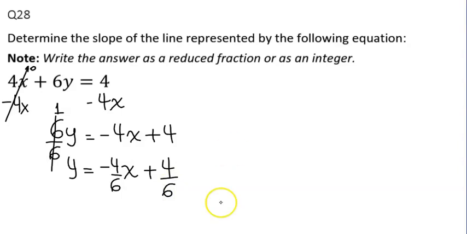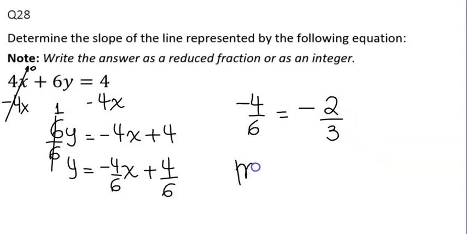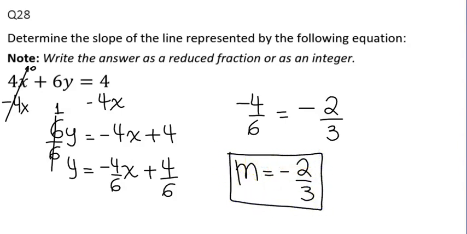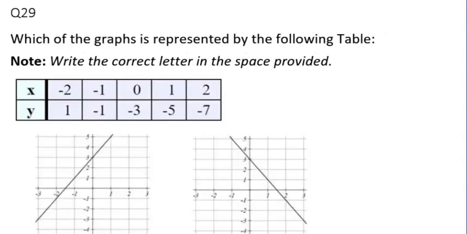Negative 4 over 6 is negative 2 over 3. So the slope is negative 2 over 3. Good? Okay, last one.